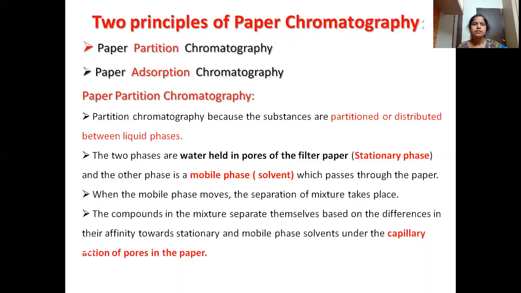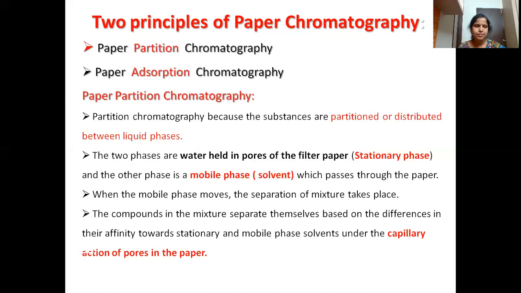Now when a sample is loaded on such papers, because of the affinity of the components between the stationary phase and the mobile phase, the separation takes place. So here you can see it is based on the differences in their affinity towards both the stationary as well as the mobile phase solvents, and due to the capillary action of the pores in the paper, because whenever we have fine pores in the filter paper, it will show some capillary action.